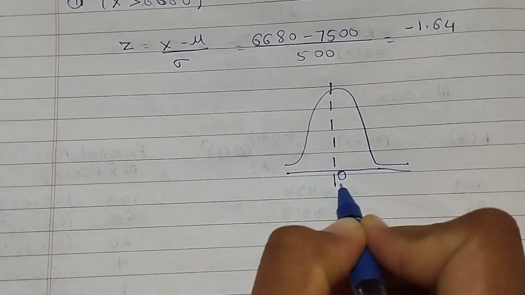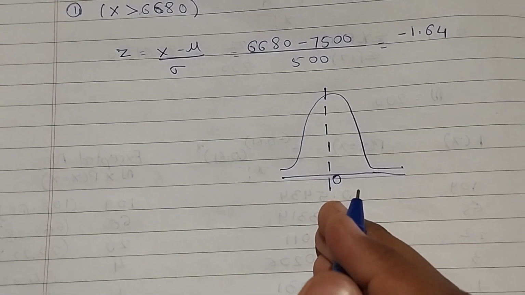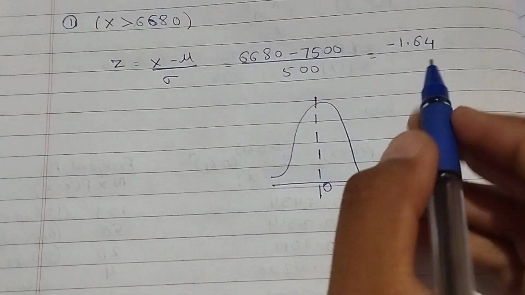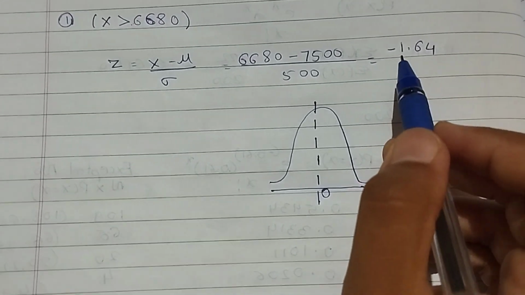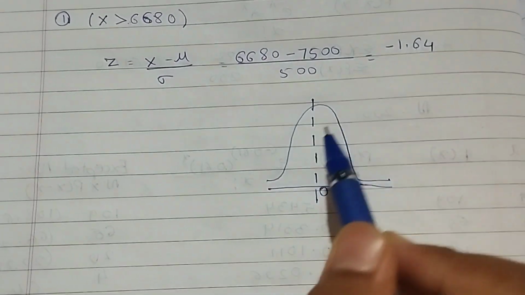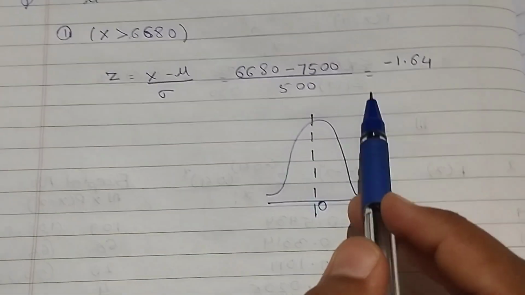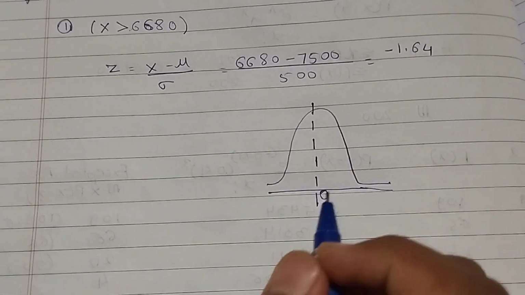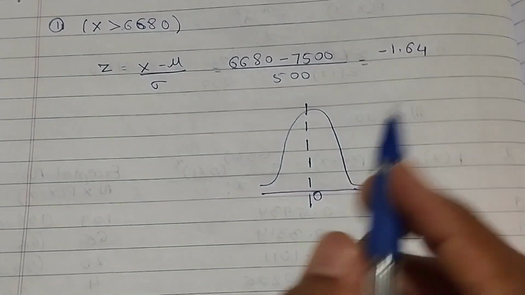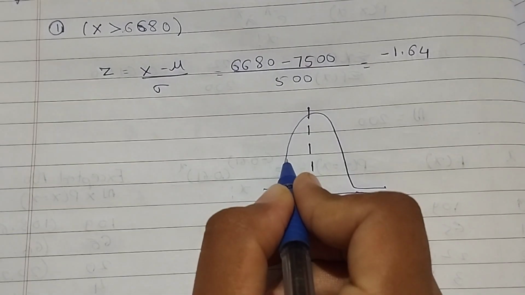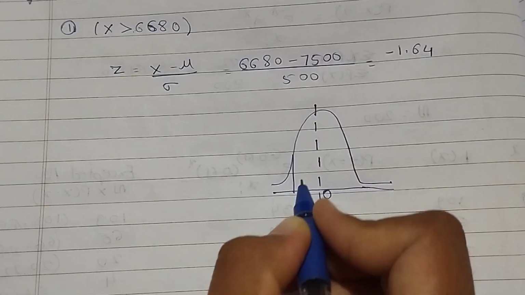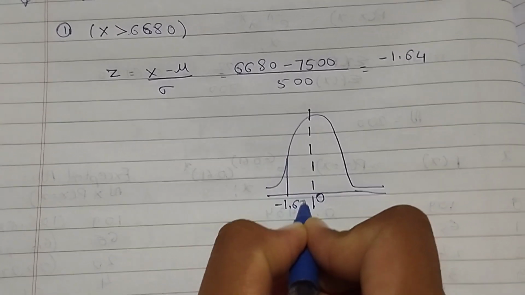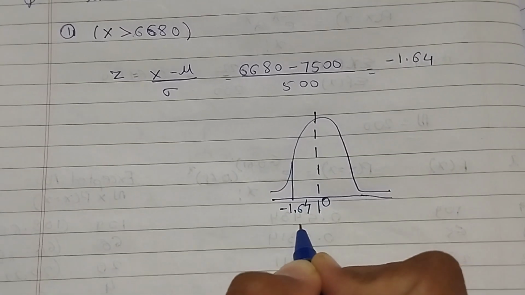Here is the 0. All the negative values are on the left side and all the positive values are on the right side. If the calculated value of z is negative, we draw on the left side, and if it comes out positive, we draw on the right side. Now this is for the left side because this is a negative value. Draw the line of z. So here the value of z is minus 1.64.